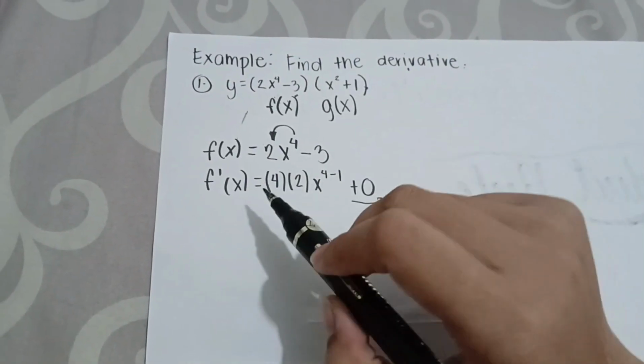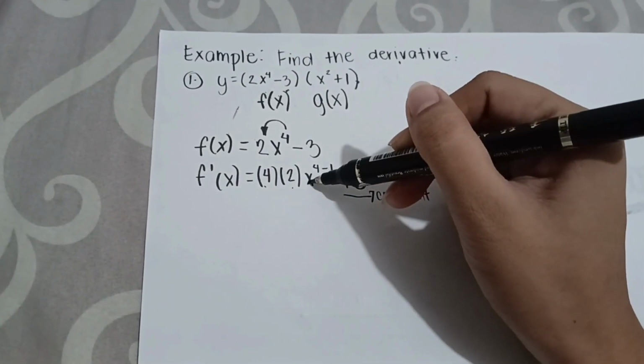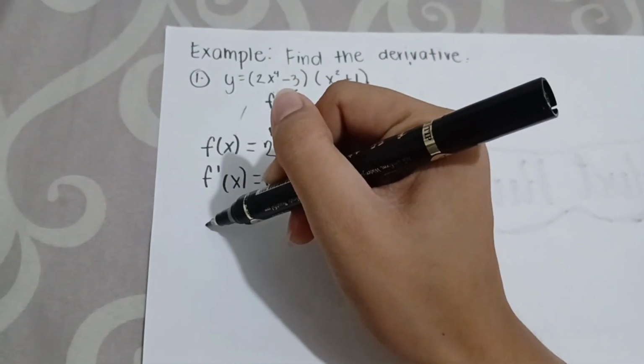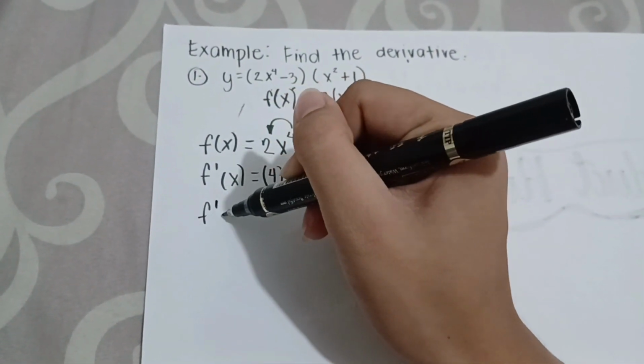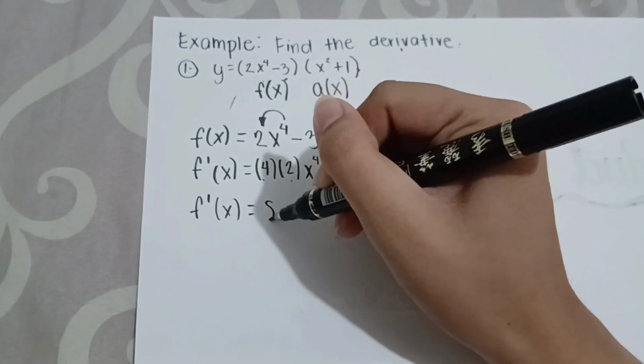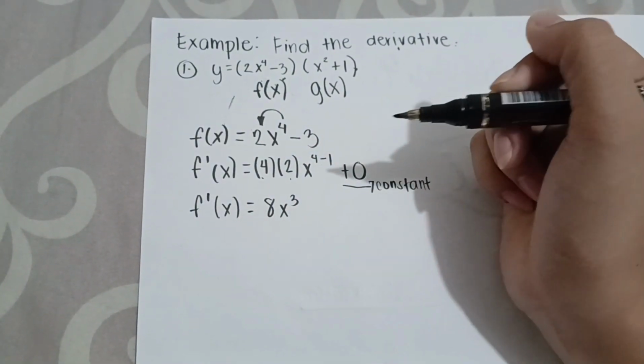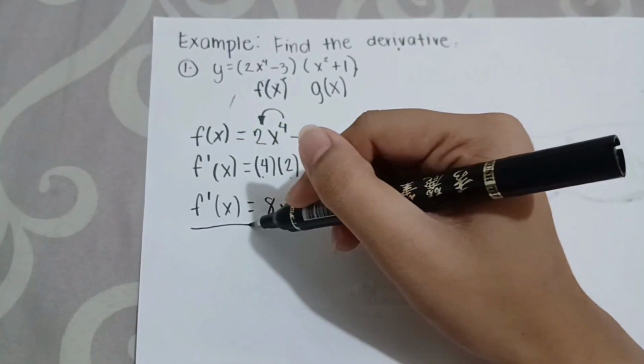Then we multiply, subtract 1 from the exponent, and copy the variable. So our f prime of x is equal to 8x cubed.